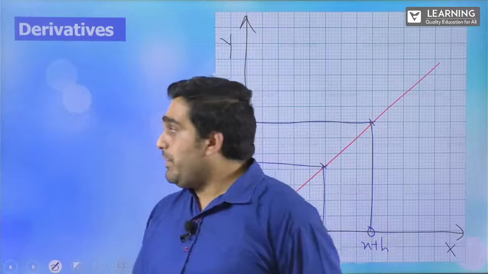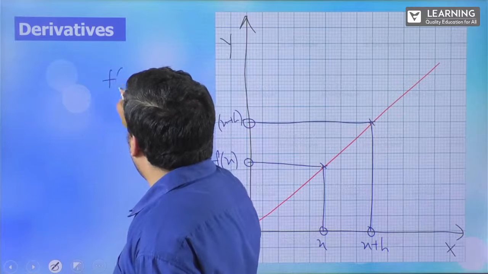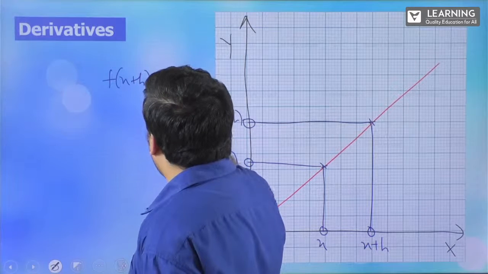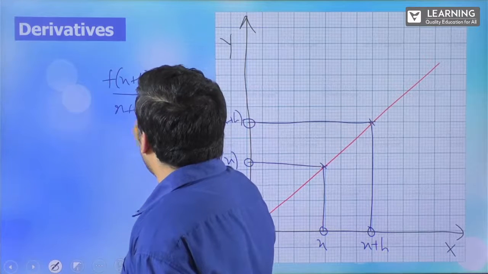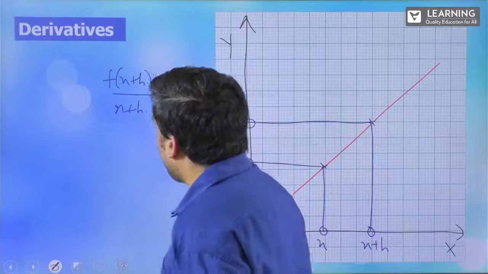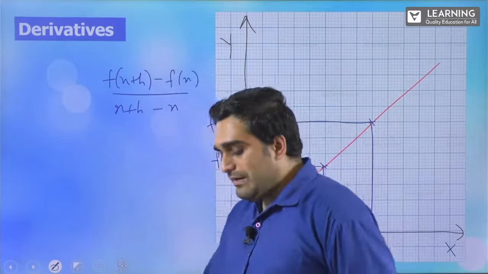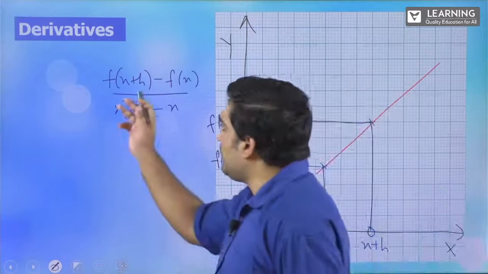To find the slope will be f of x plus h minus f of x divided by x plus h minus x. Now, what is the purpose of doing this? To show you how a derivative can be formed using limits.